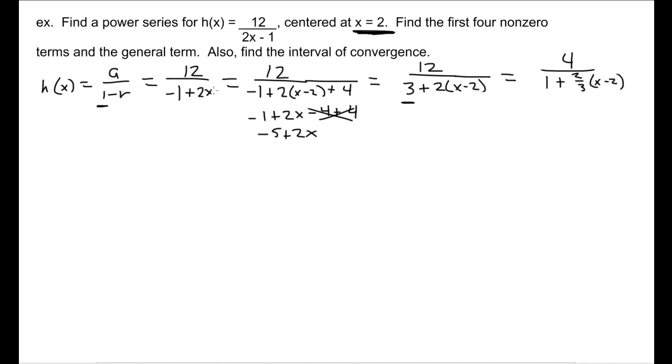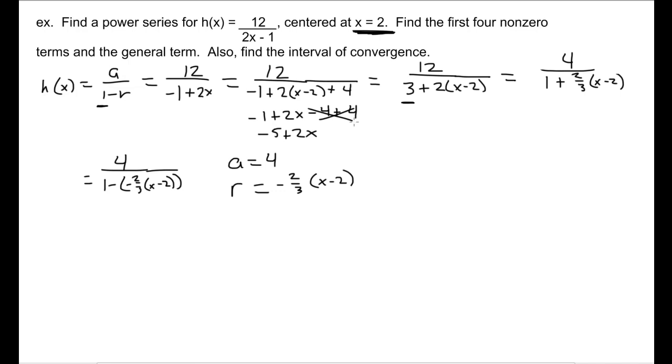Now we almost have the form that we want, except we want a minus, and this right now is a plus. So we finally have 4 over 1 minus negative 2/3 times x minus 2. And our a is 4, and our r is negative 2/3 times x minus 2.